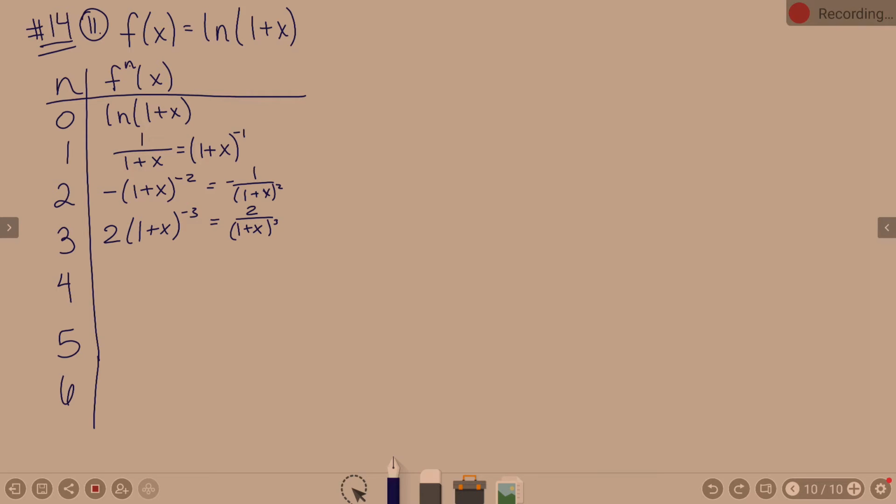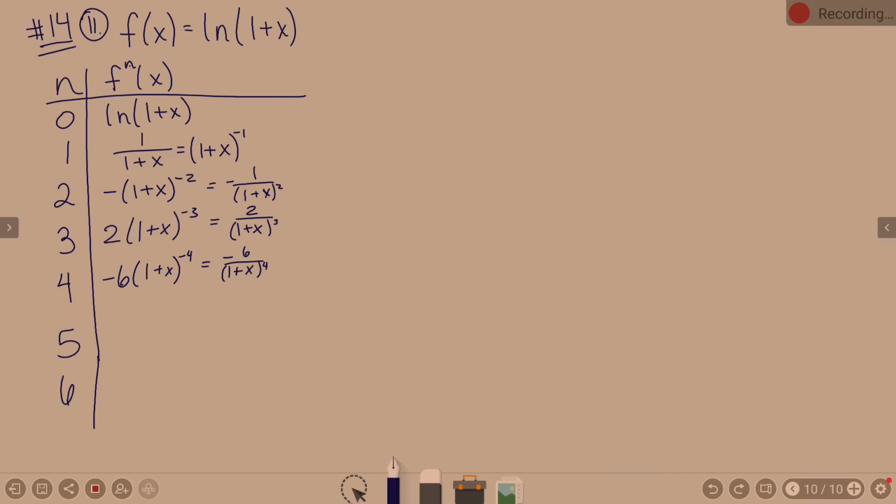And again, that'll just be easier to plug our 0 into. Next derivative, power of negative 3 multiplied out front. So negative 3 times 2 is negative 6, times 1 plus x to the, subtract 1 from the power, negative 4. So now I have a negative 6 over 1 plus x to the 4th.